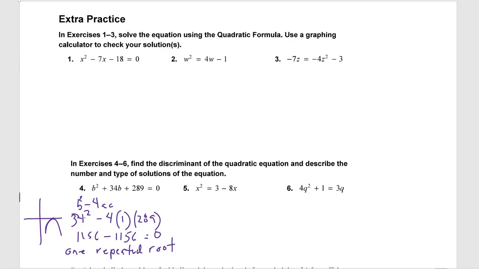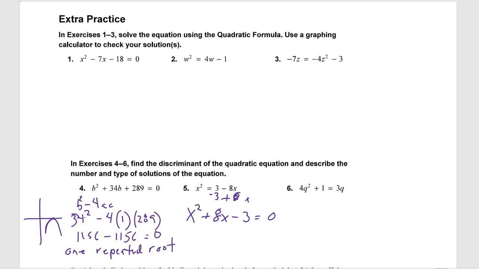For the next one, for problem 5, the first thing you have to do is put it in standard form. So we're going to subtract the 3 and add the 8x to the other side. So we get x squared plus 8x minus 3 equals 0.